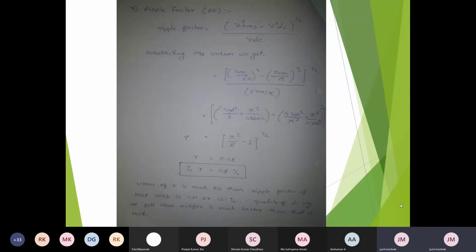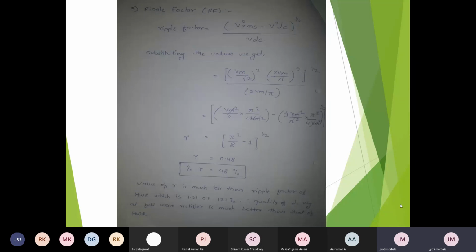That indicates the quality of DC output voltage in full wave rectifier is much better than the quality of half wave rectifier. Remember, the ripple factor we always want at the lower side. We always want very close to the zero. तो रिपल फैक्टर जितना कम होगा उतना सर्किट अच्छा होगा, उतना हमारा डीसी कंटेंट आउटपुट में ज्यादा होगा.